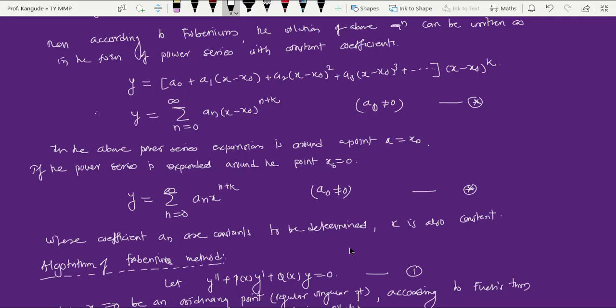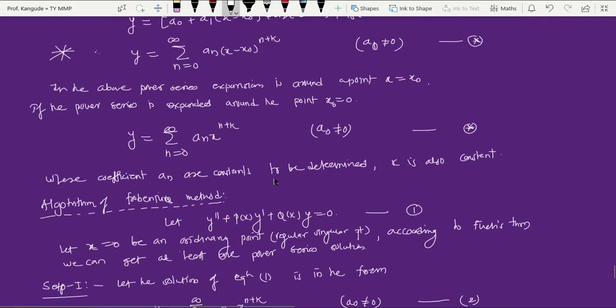So first, according to this Frobenius series, we have to assume the solution of the differential equation is of the type y is equal to summation over n equal to 0 to infinity an times x minus x0 raised to n plus k. This is called a power series.